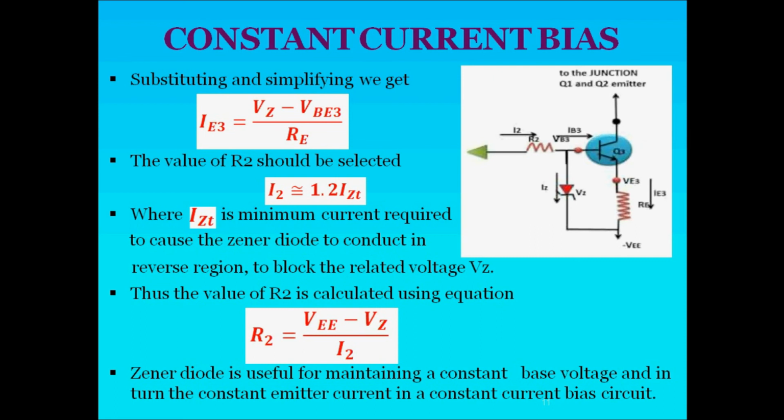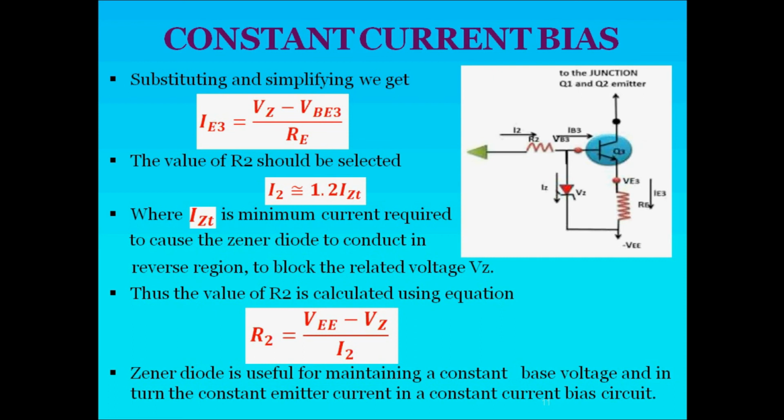Here we have to find R2: the voltage at this point is VB3, that is minus VEE plus VZ, so it is VEE minus VZ divided by R2, because the voltage at this point is 0. So VB3 minus 0 divided by R2 gives the I2 current. So this is R2.